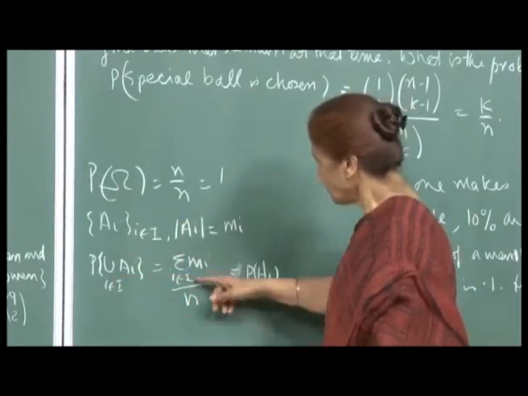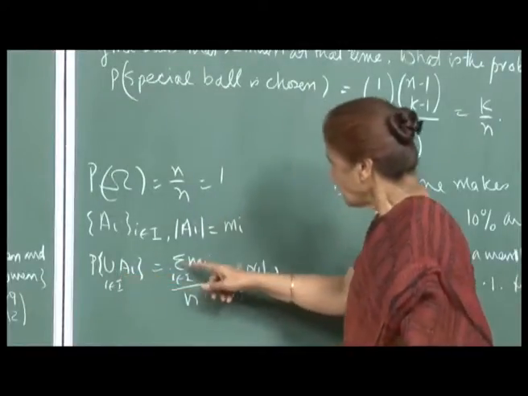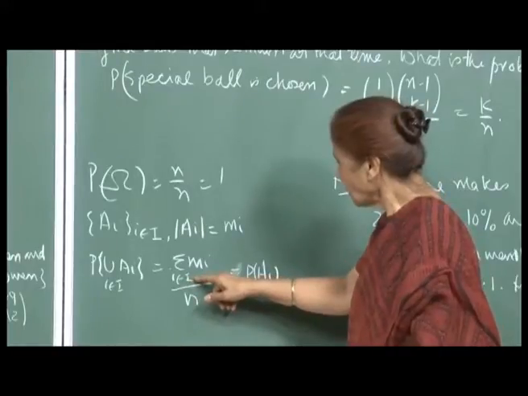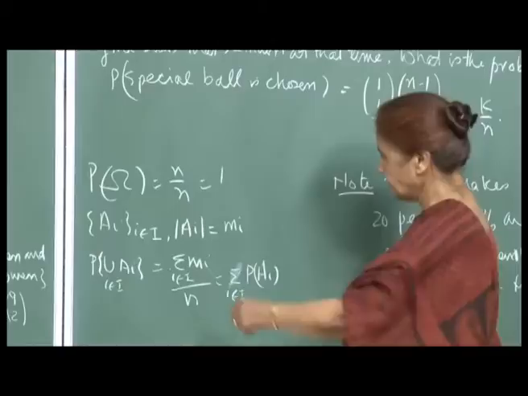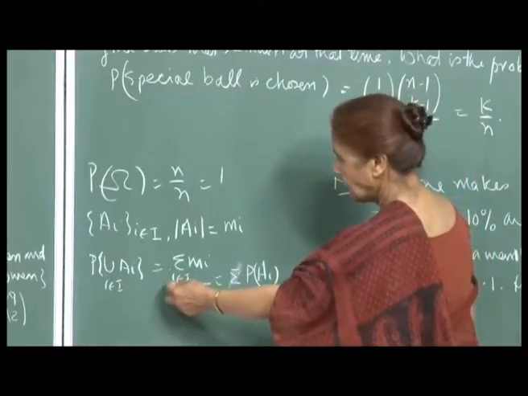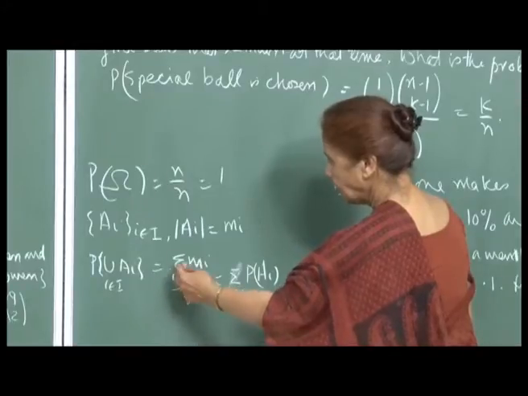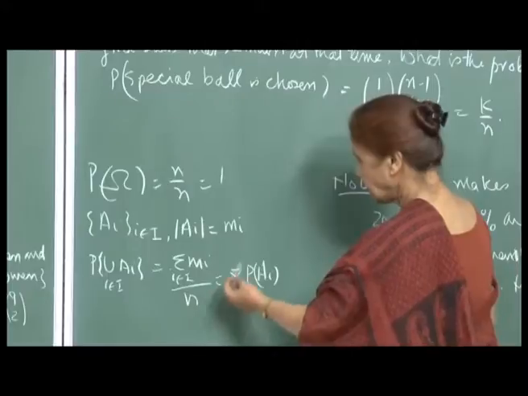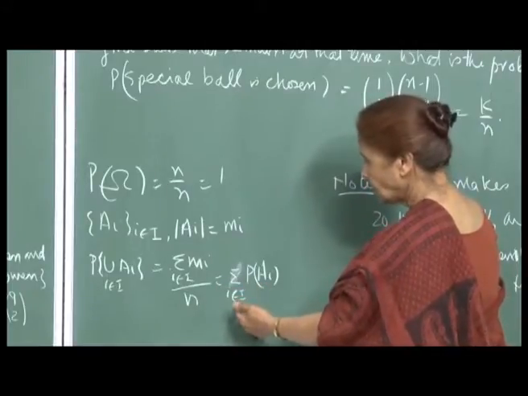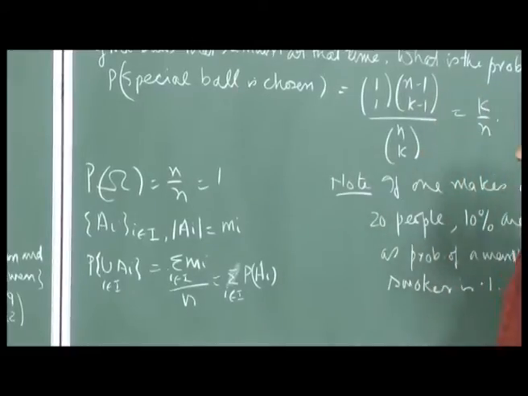By our definition, the probability of this union will be sigma mi, i belonging to I, divided by n. Now I can write this as the summation of mi by n, and for a particular i, mi by n is the probability of Ai, so this is the sum of the probabilities. So axiom 3 is also satisfied here.